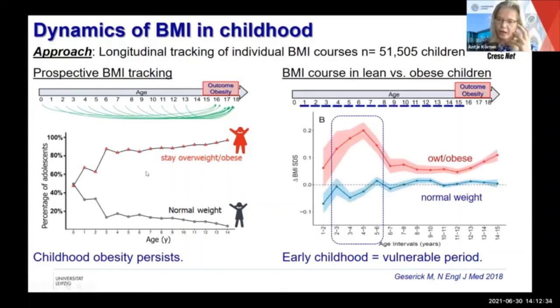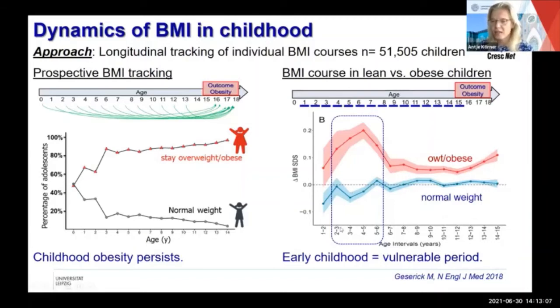And also, if we want to look into that vulnerable period, we looked into annual changes of the body mass index percentile. To explain this graph to you, if this dot here at the 0 line means that a child rests on its percentile for BMI, every dot above that line means additional weight gain on top of what you have already.